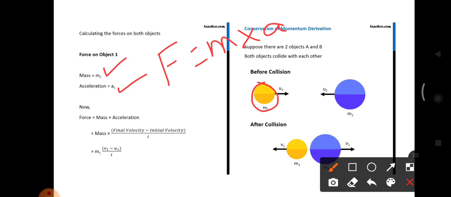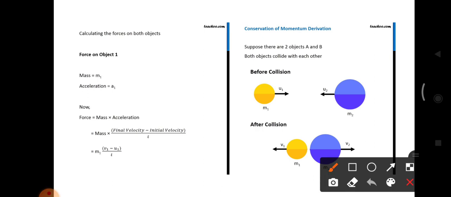So force equals mass into acceleration, and acceleration equals final velocity minus initial velocity by t. In object 1, the initial velocity is u1, final velocity is v1. So m1 into v1 minus u1 by t. This is the force on object 1.